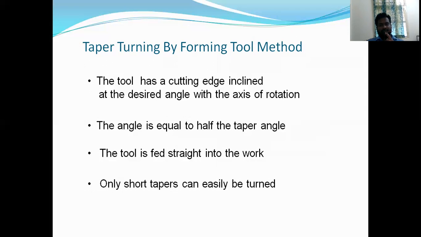The cutting tool has some width, right? With that width we have the inclination. Only that much taper is produced on the workpiece. Understood? The cutting tool has some width, and within that width it has inclination.